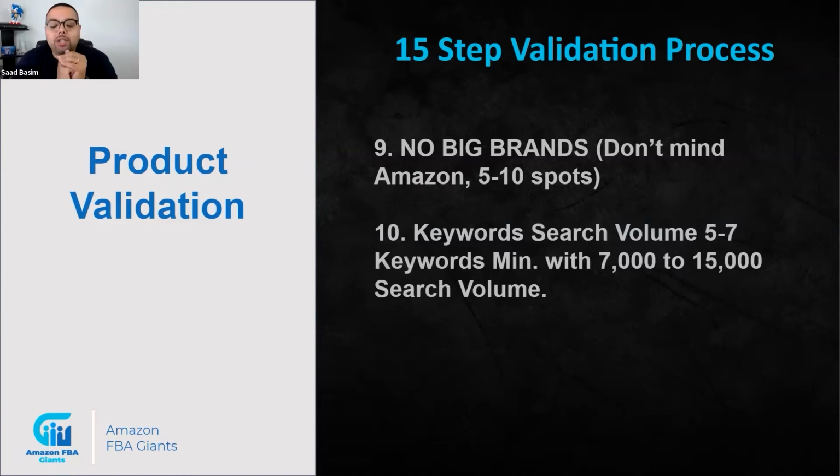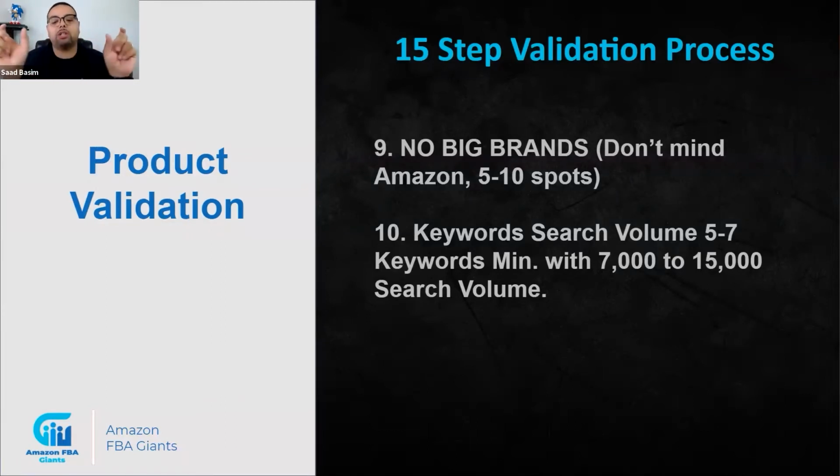Number 10, keyword search volume. I need to find 5 to 7 keywords minimum with 7 to 15,000 search volume as a whole. So now if I have coffee cup and it has 30,000, and coffee cup 20 ounces has 20,000, I'm not counting these.